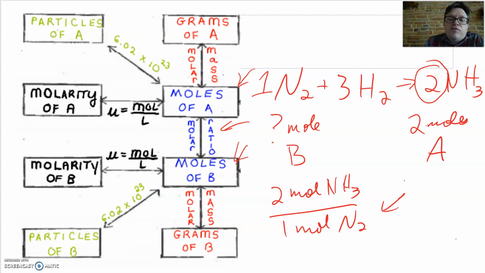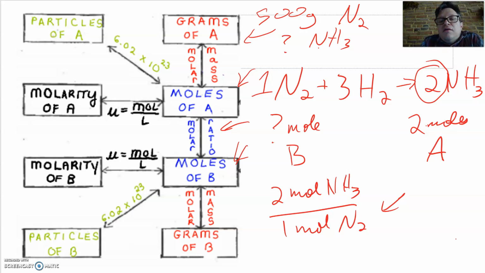You could say if you have 500 grams of nitrogen, how much ammonia could you make?